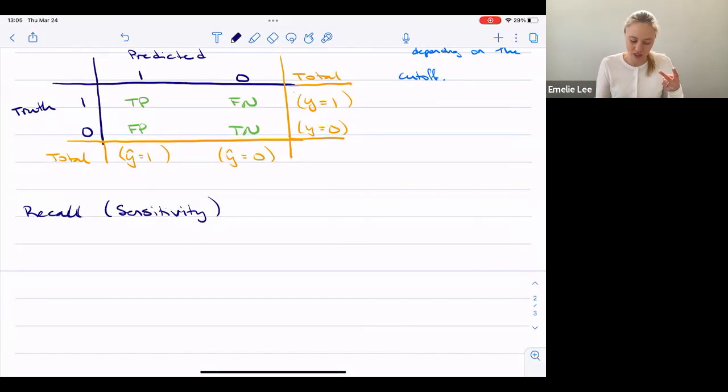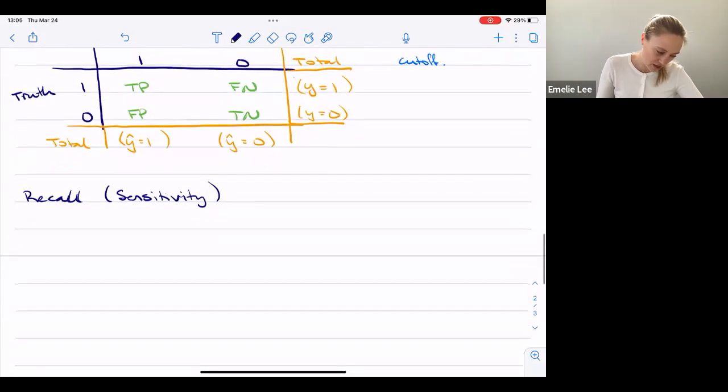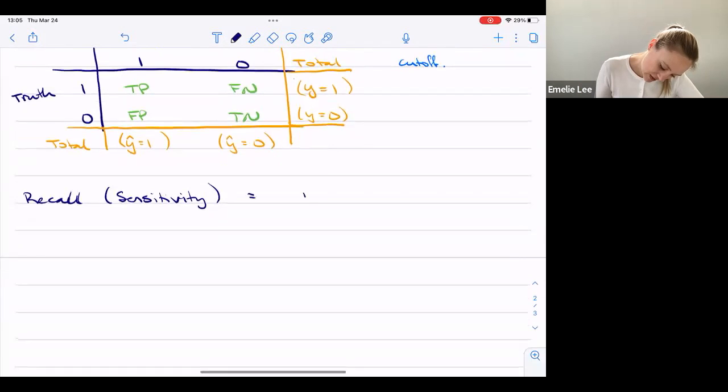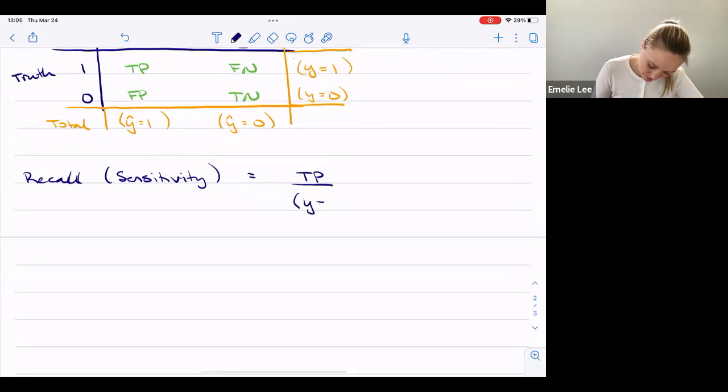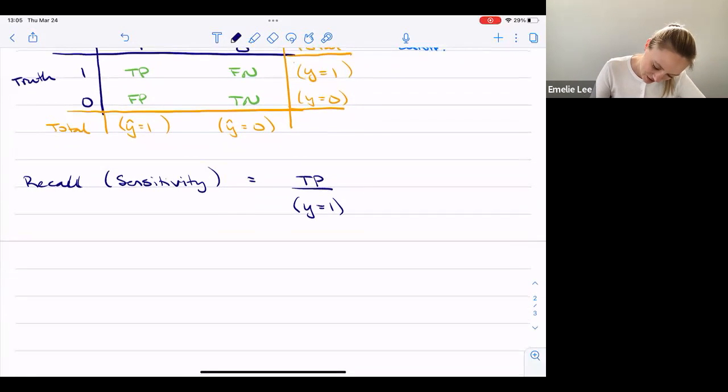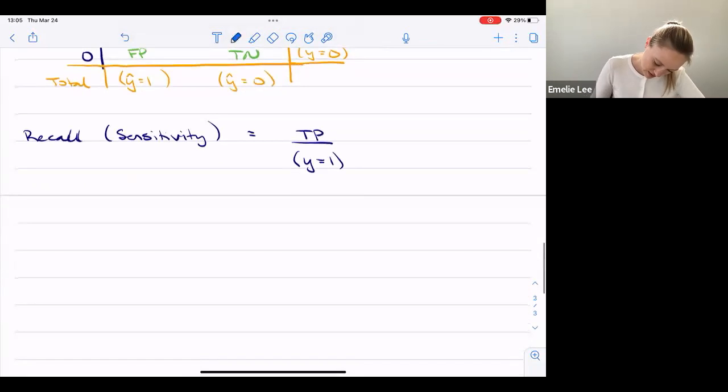You can just make the transition to calling it recall. The recall is the true positives over the total number of true positives, no, positives, right?